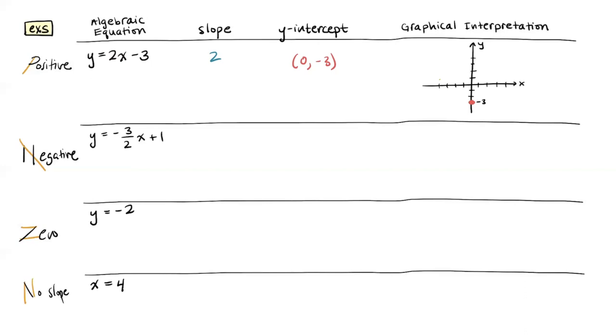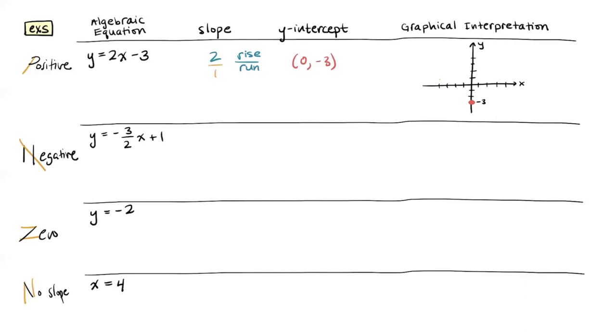To get to another point, we use the slope. Recall that the slope number can be thought of as rise over run, or change in y over change in x. Even though it's just 2, we can view this as 2 over 1. So we rise 2 and run 1. Run goes with x and rise goes with y.